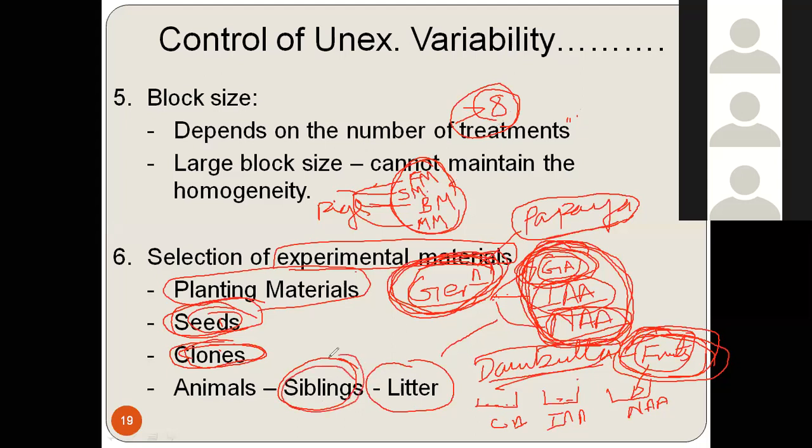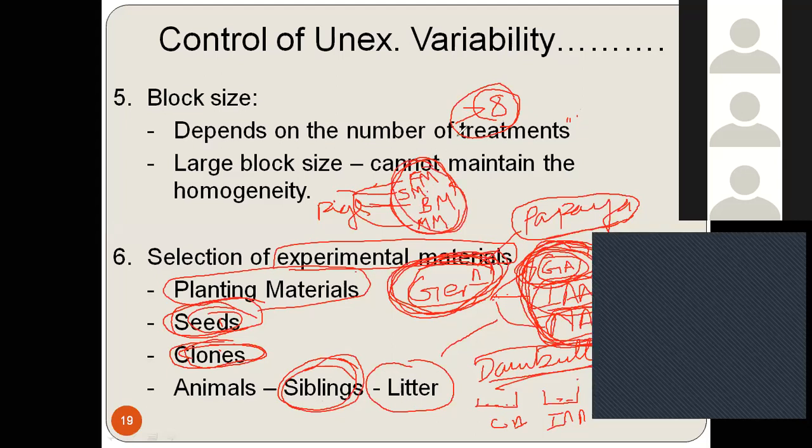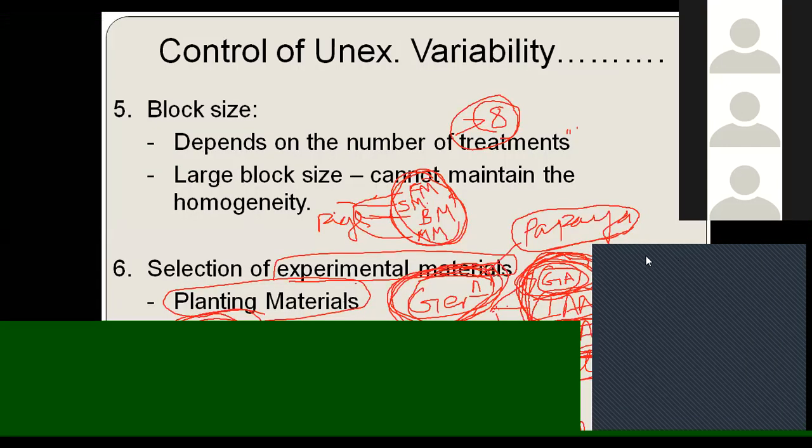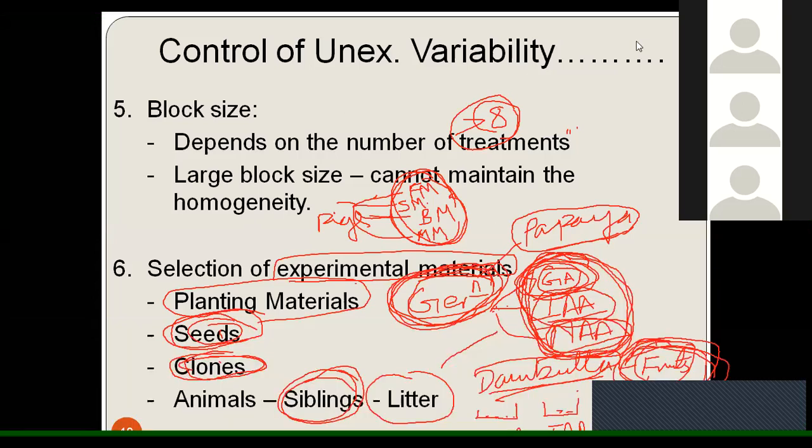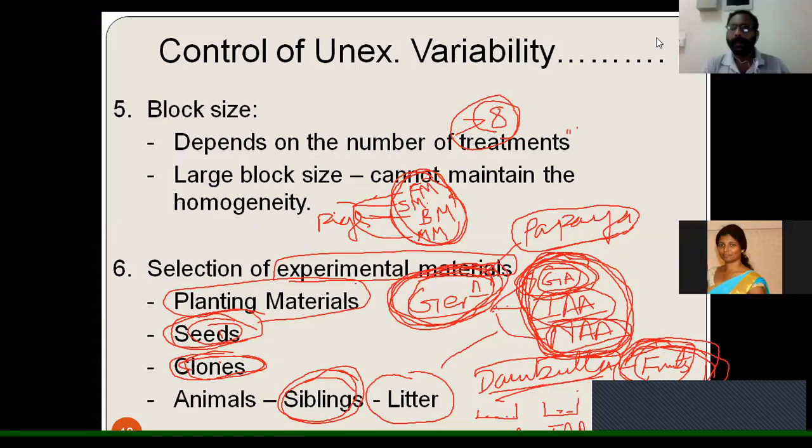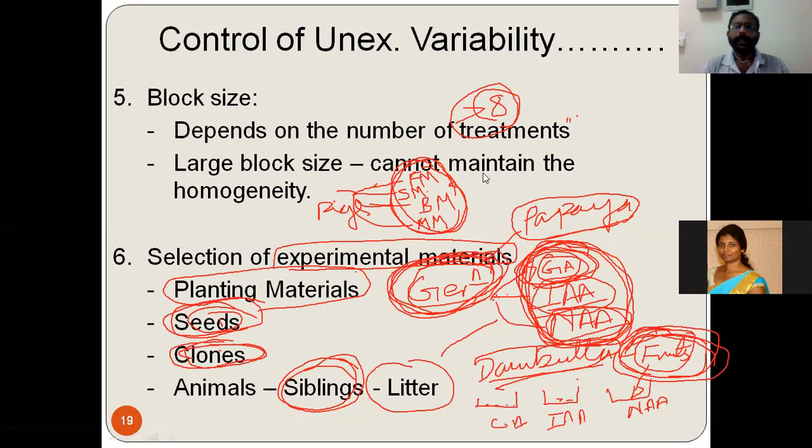Why do we choose siblings? Before applying these treatments, all experimental units should have the same character, no difference. That is the expectation of siblings.